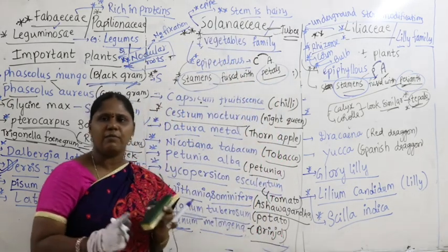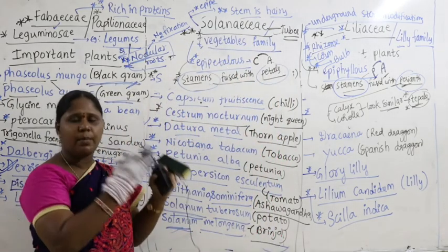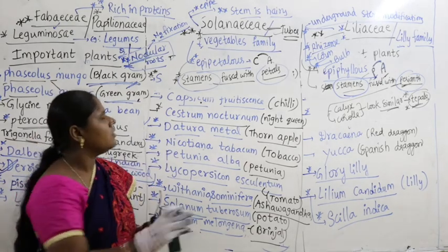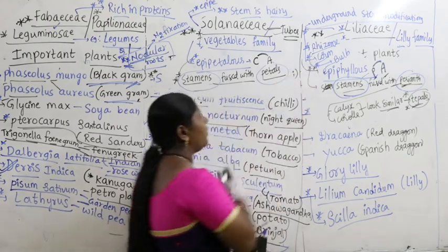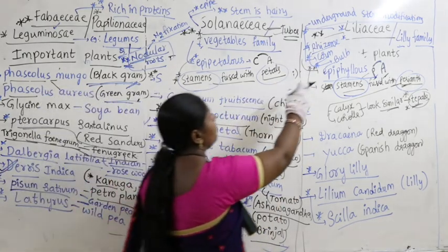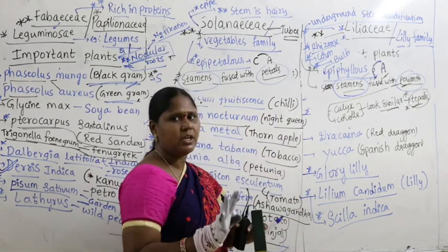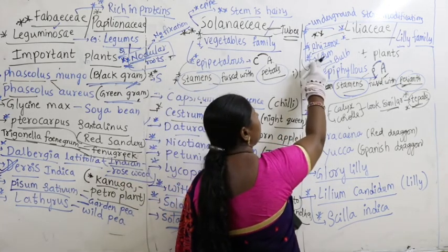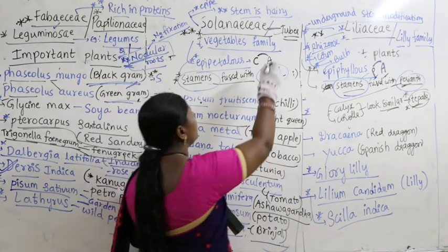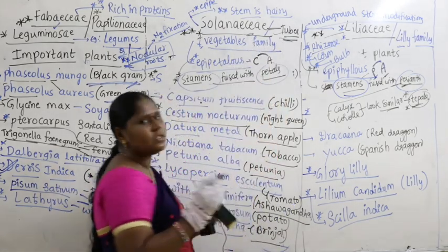This is how you have to prepare taxonomy, combining the information you already learnt in morphology. All this you have learnt in morphology. Now let us put it into application. Out of four underground stem modifications, rhizome, corm, bulb come under Liliaceae, and tuber comes under Solanaceae.